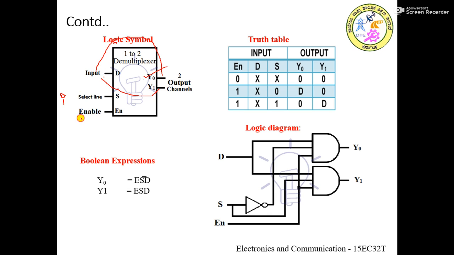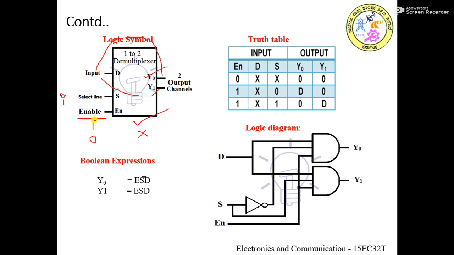So the importance of the enable pin, as you already know, is that it is used to either enable or disable the logic system. If it is equal to 1, then this is going to enable this logic system, or if it is 0, then this is going to disable this logic system.